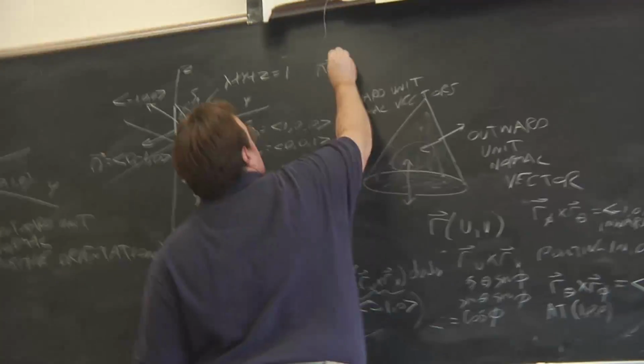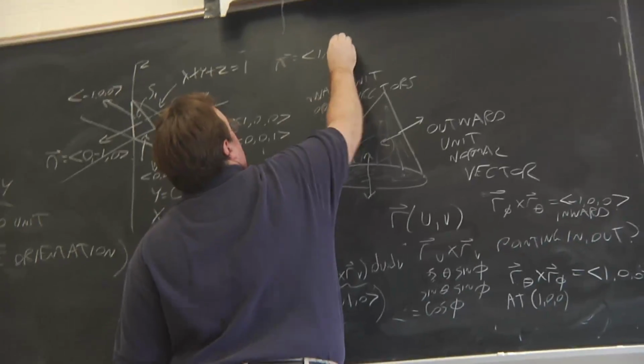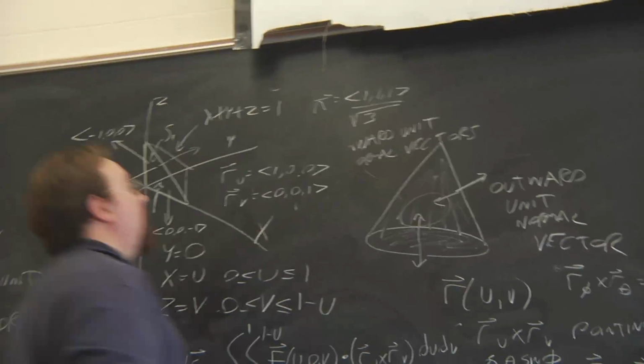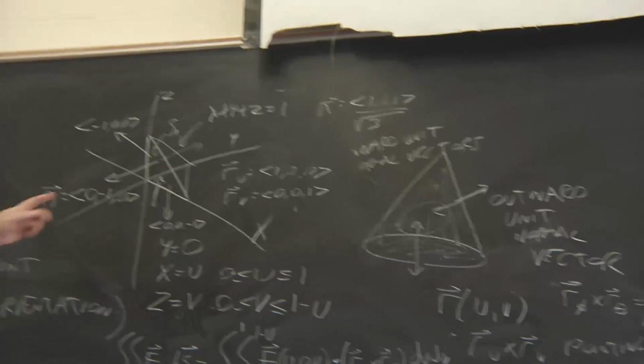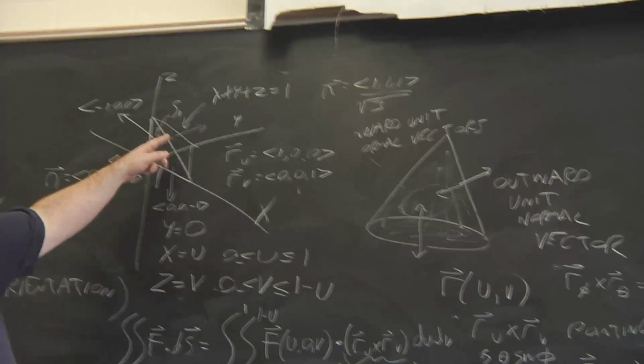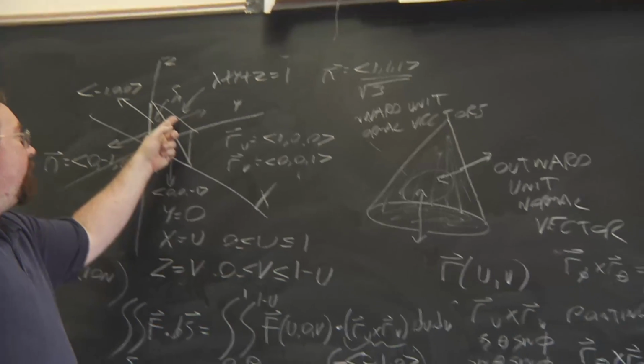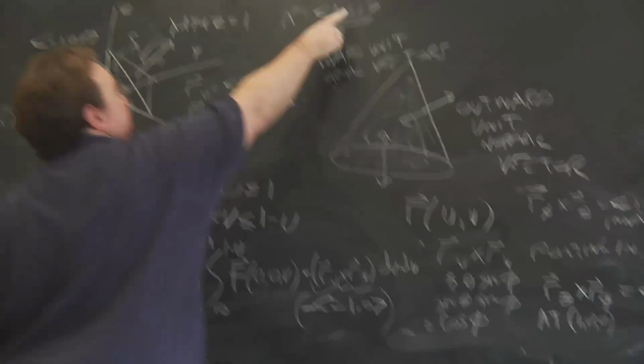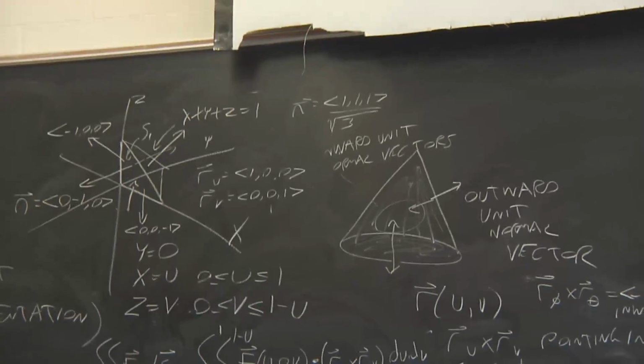The normal vector to that plane we can read off the equation: it's (1, 1, 1), and you normalize it to get the unit normal. We know it's the right one because it's got to be pointing up. The z component should be positive, and in this case it is.